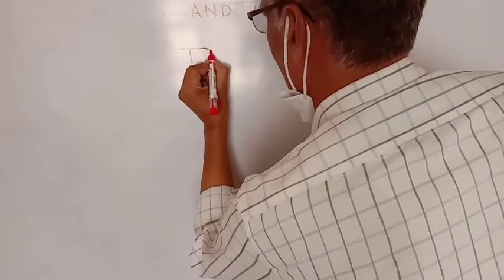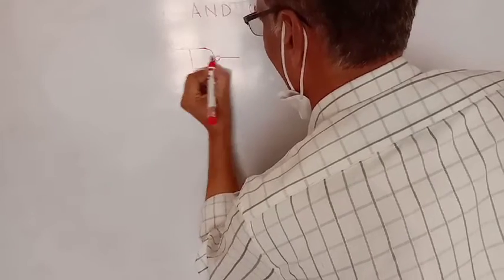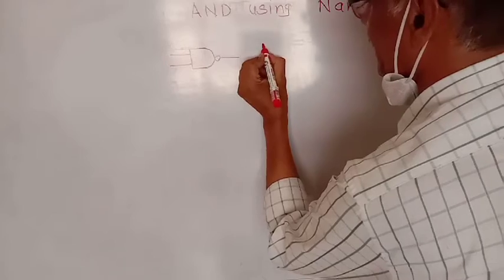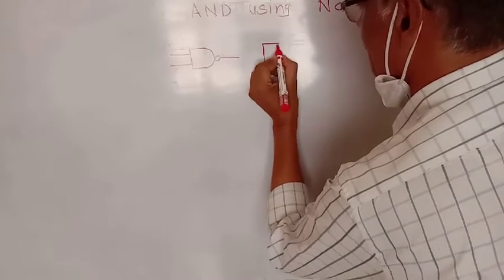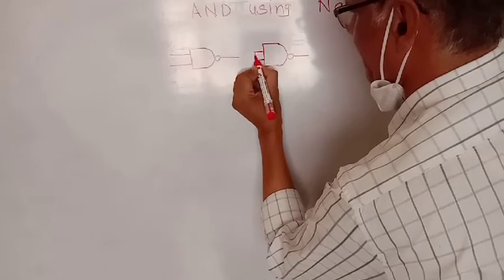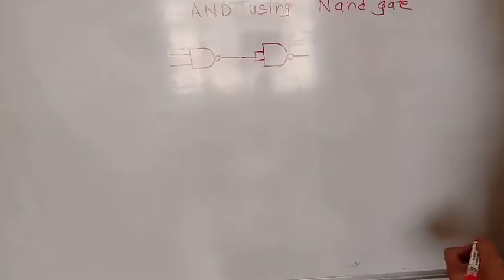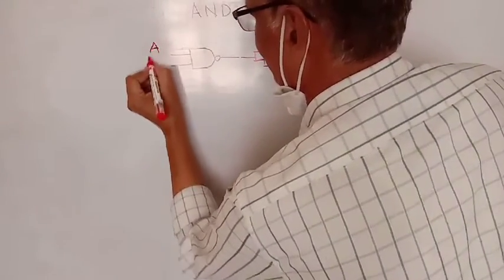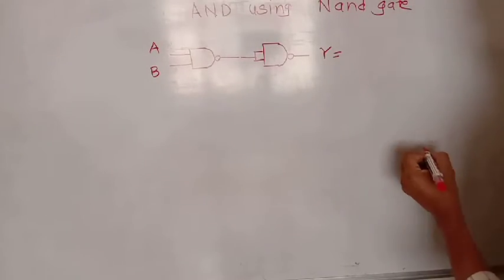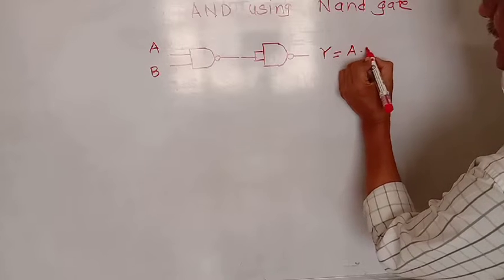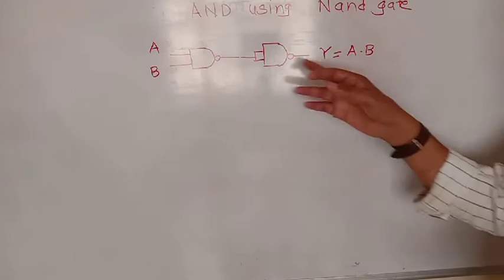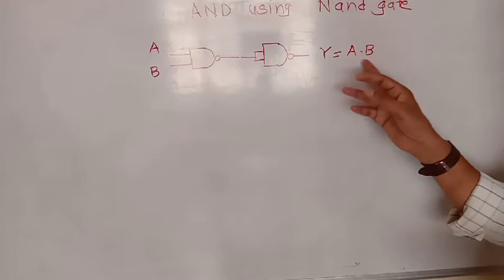Here the output of the first NAND gate is connected to the input of the second NAND gate. Now if A and B are inputs and Y is output, then Y is equal to A dot B or AB, because the equation of AND gate is Y is equal to A into B.